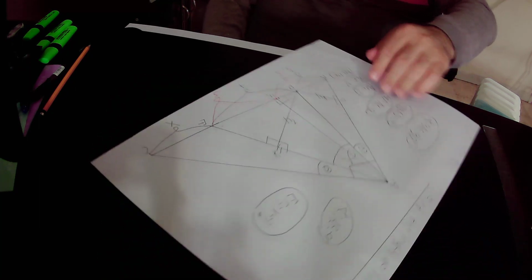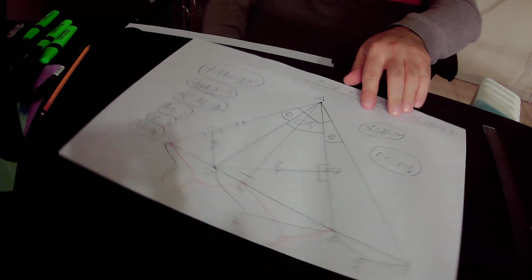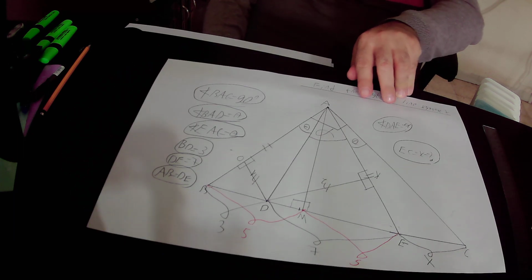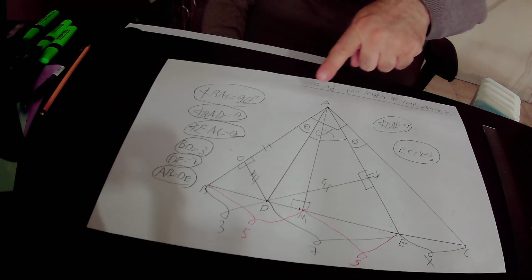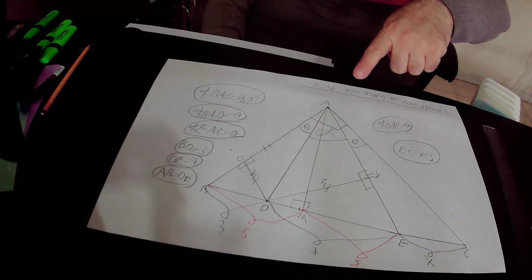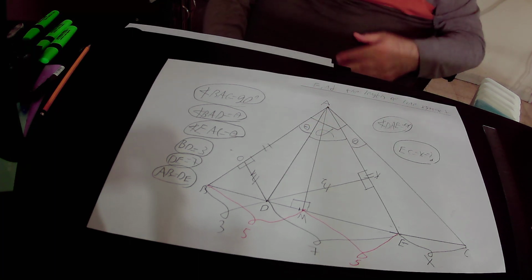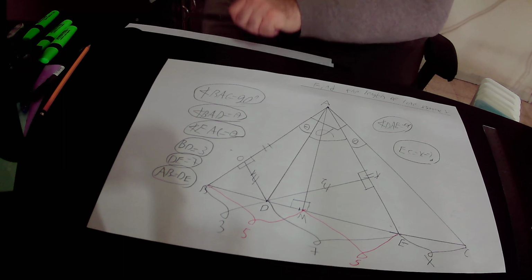In the next step, we will prove that the right triangle, triangle ABM, is congruent to the right triangle, triangle AME. Okay?